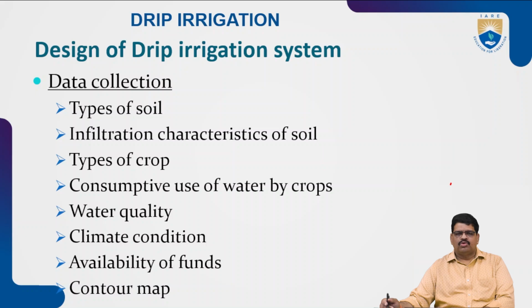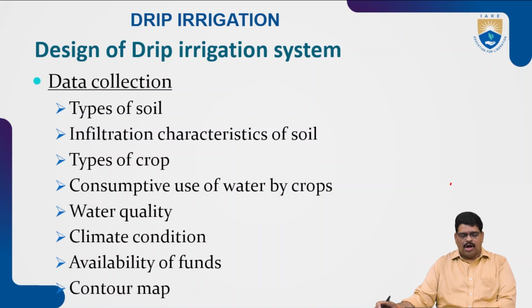The drip materials can be purchased by one person and shared, or given to other farmers for rent. When the crop is over, it can automatically be given to other persons. The initial cost will be more, so that's why fund availability is important for purchasing the drip irrigation materials.